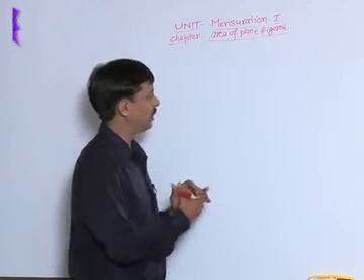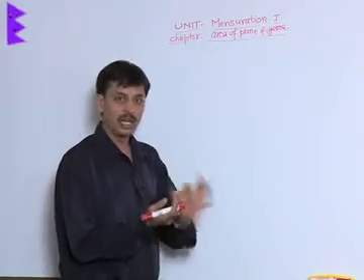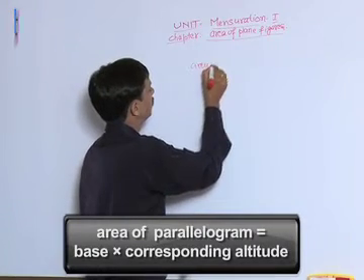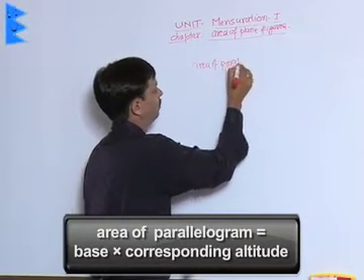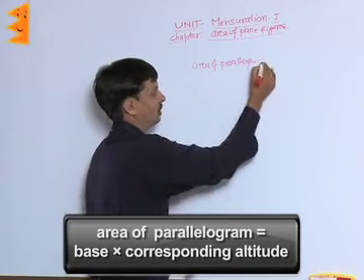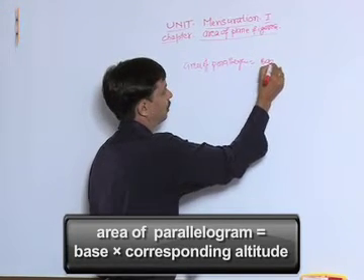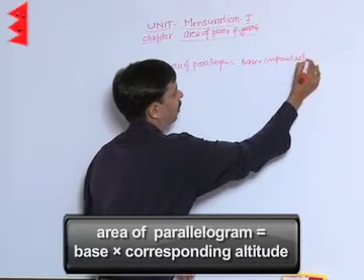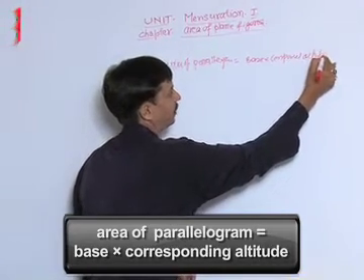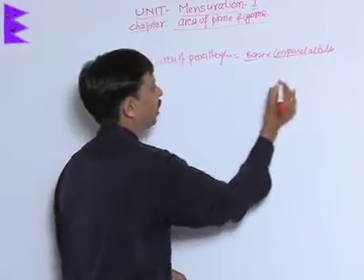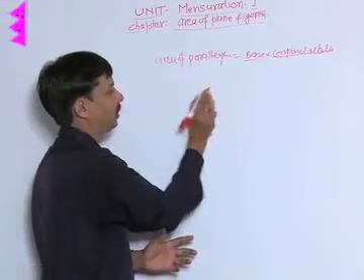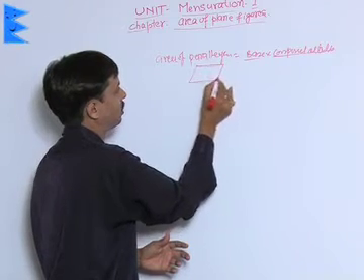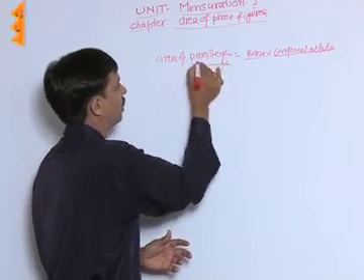Now I would like to explain how we find the area of a parallelogram. The formula is base into corresponding altitude, or corresponding height. A parallelogram is a shape where both pairs of opposite sides are parallel.